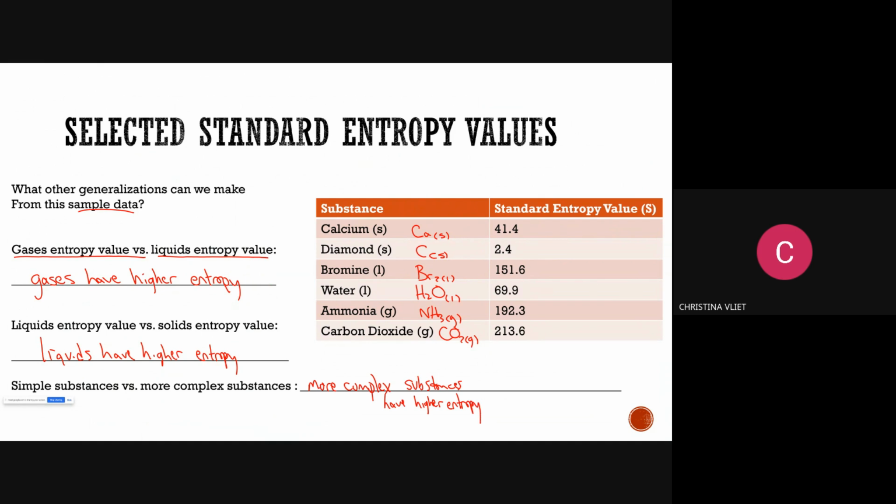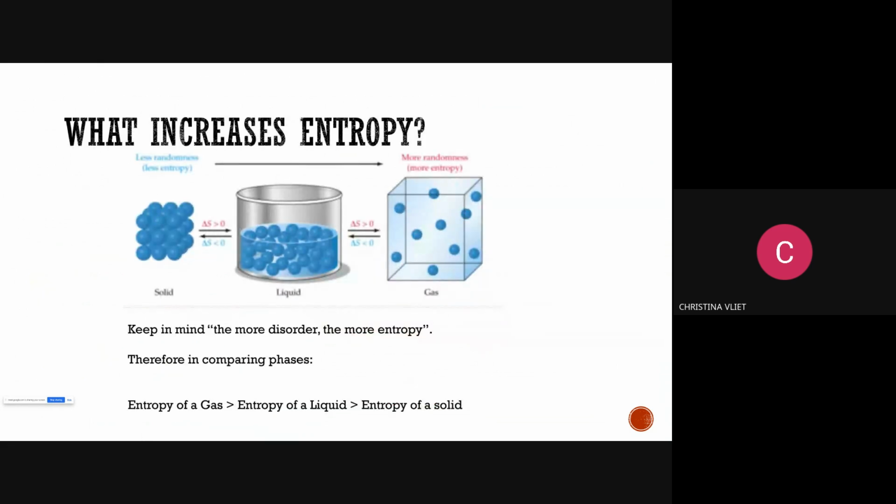And so moving into, we're almost to the math. But first of all, we still have to discuss a little bit more of what increases entropy. And I think that some of it's pretty straightforward, at least what you need to know for Cambridge. If we increase the movement of particles, would that increase entropy?